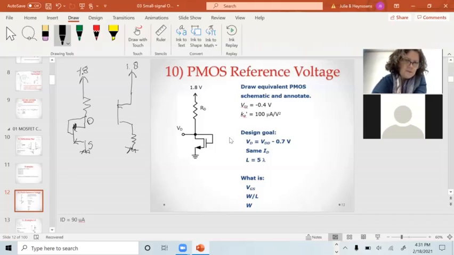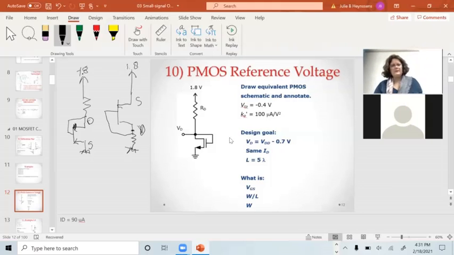This is my drain voltage. My VDD is now, yeah, that's the drain voltage. It's at 0 volts. This is the drain. This is the source. And then the gate goes back to the drain.